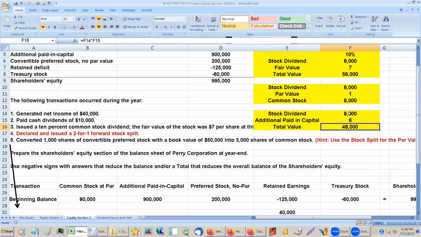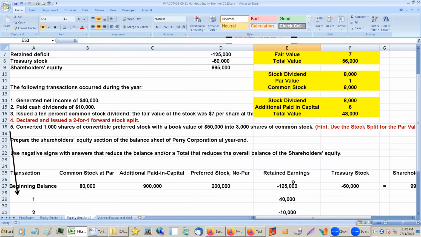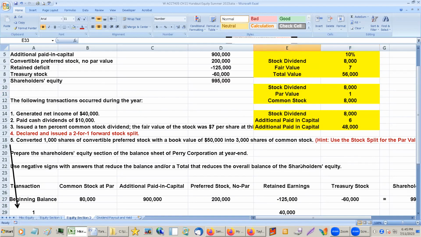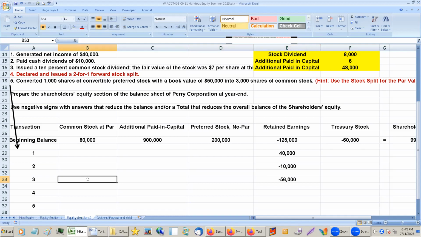So here's what this is going to look like. It's going to come out of dividends. These will be the same. So out of dividends, we'll take 56,000. Common stock will get an extra 8,000. Additional paid in capital will get 48,000.